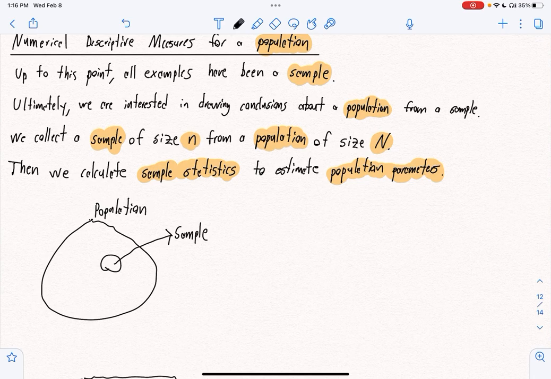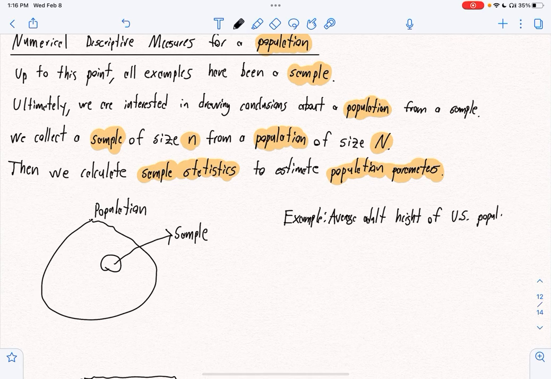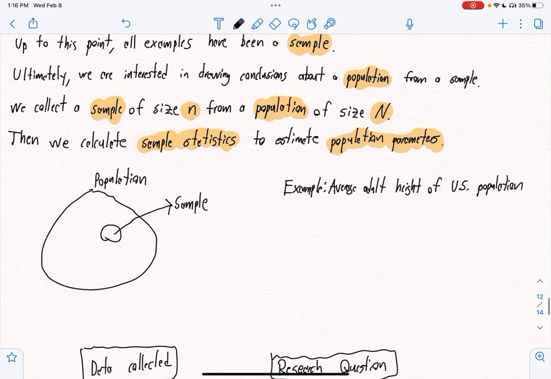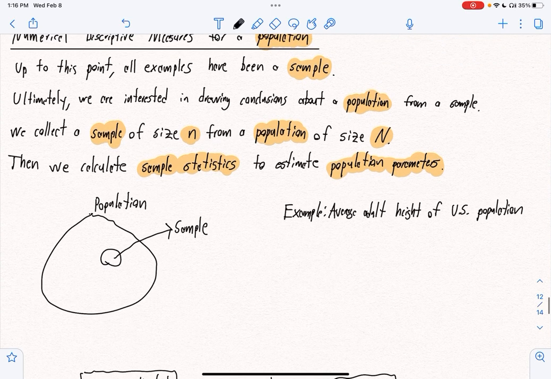So let's just think about an example real quick. Let's say I wanted to know the average adult height of the US population. Well, ideally, I would go out and I would sample everyone in the US, but unfortunately, that's not really possible. Why? Well, the US population is about 350 million people.